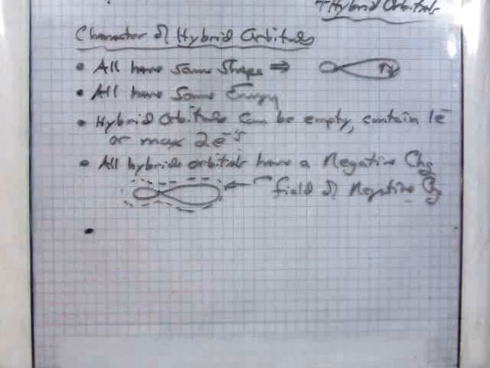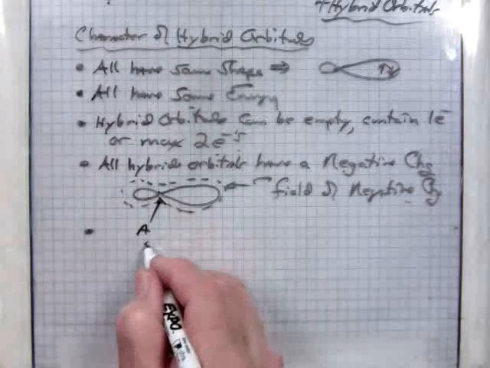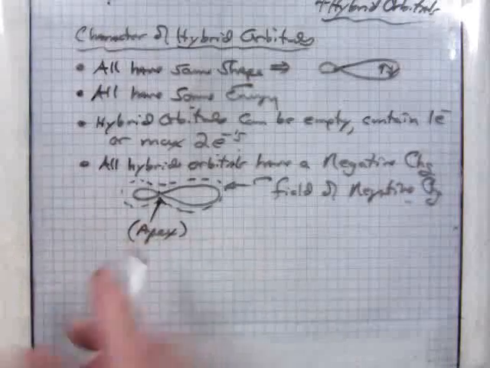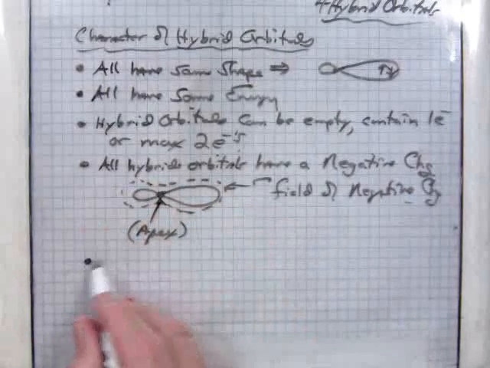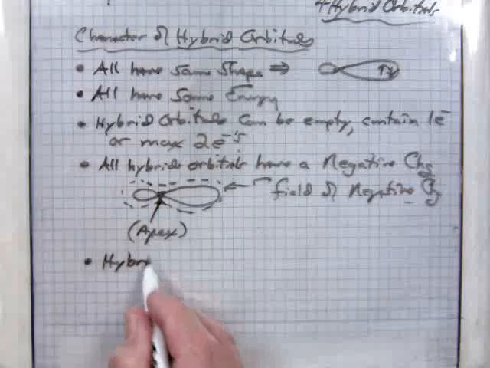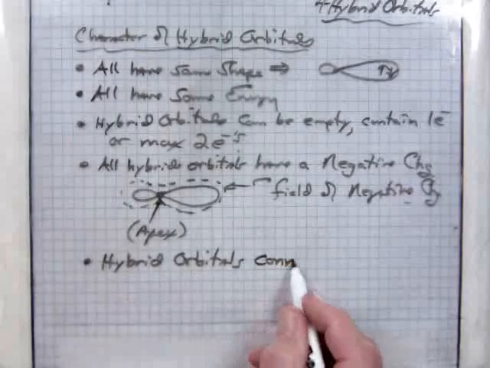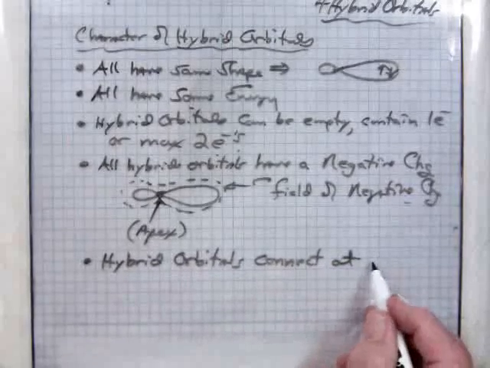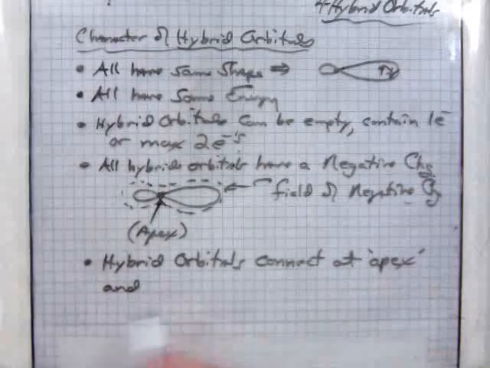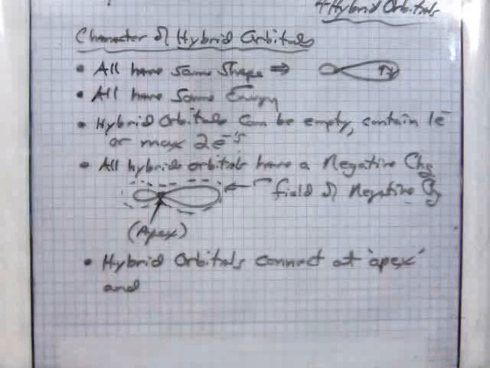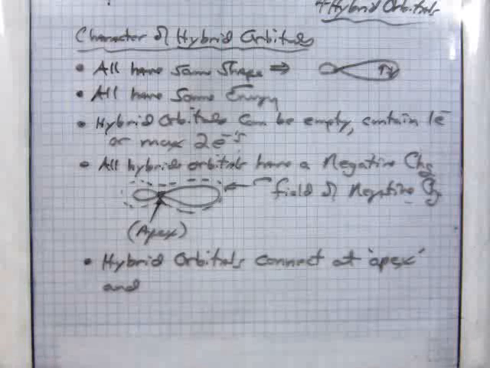Hybrid bonds connect at the apex. This is the apex of the hybrid bond, right there where it turns like that. So hybrid orbitals connect at apex and assume positions in space that minimize repulsion energy, as you've heard of before.